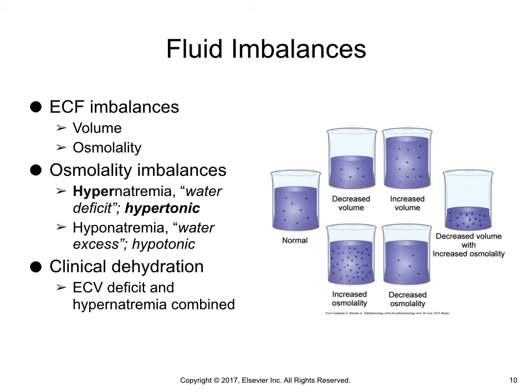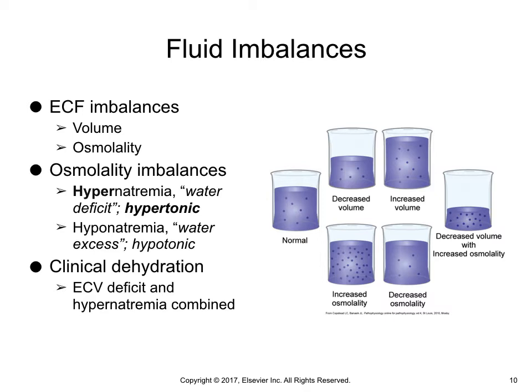Loss of relatively more water than salt, or 2. Gain of relatively more salt than water. When the interstitial fluid becomes hypertonic, water leaves cells by osmosis, and they shrivel. Signs and symptoms of hypernatremia are those of cerebral dysfunction, which arise when brain cells shrivel.